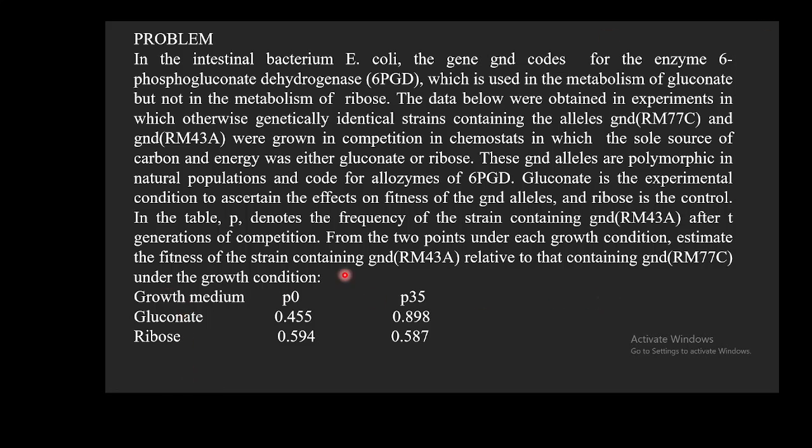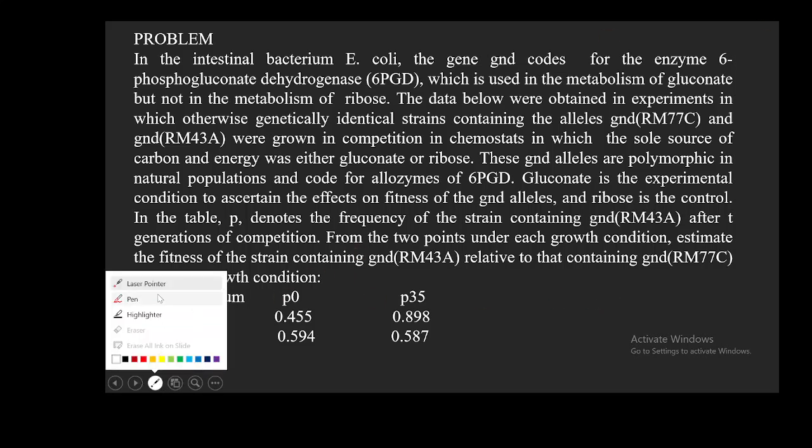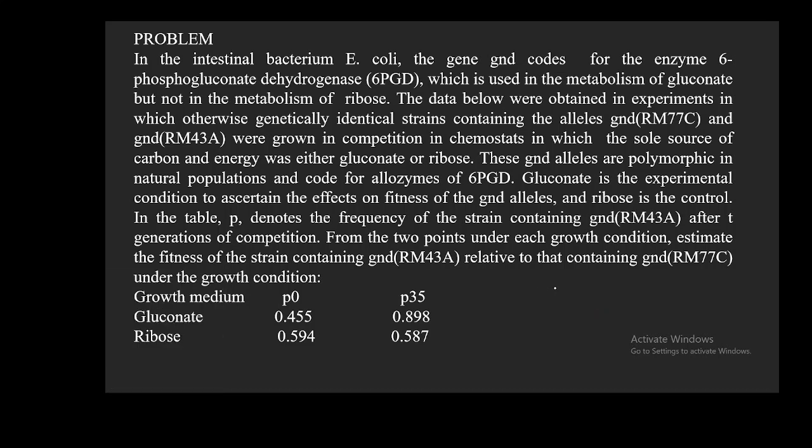To simplify this, these are the two alleles, 43A and 77C. Both are coding for 6PGD.